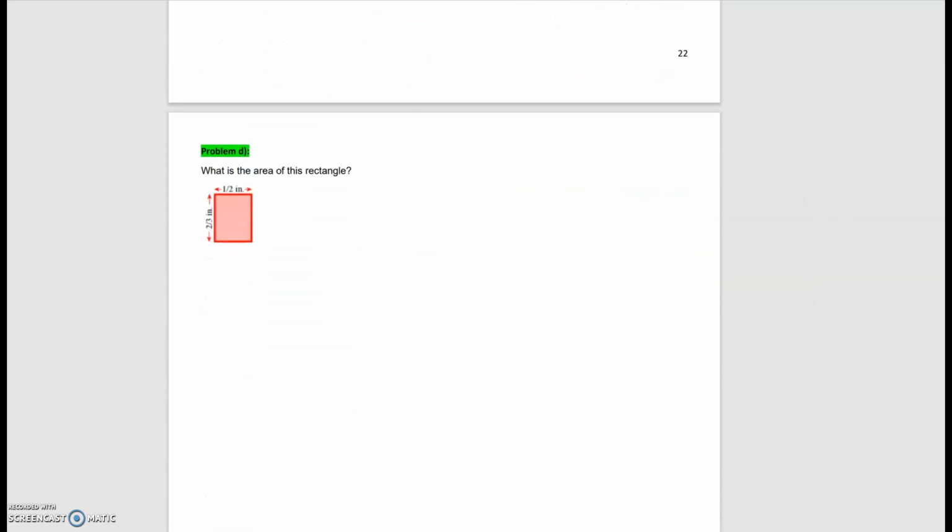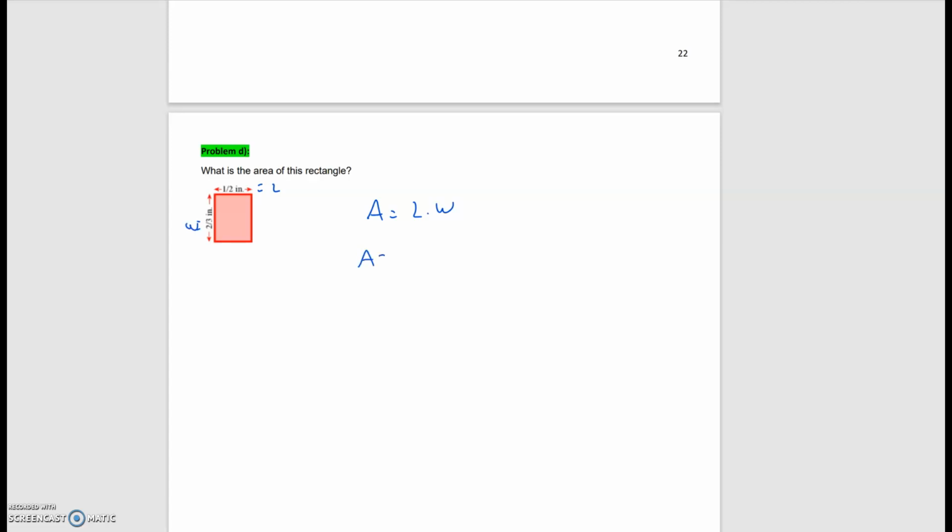Because you have a rectangle, let me just write the formula. The actual area for a rectangle is equal to length times width. Now you can just label this as your length and this as your width.